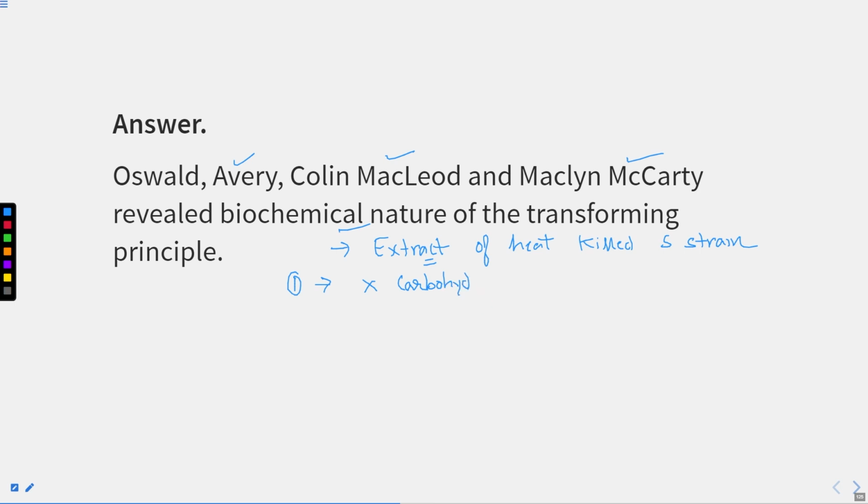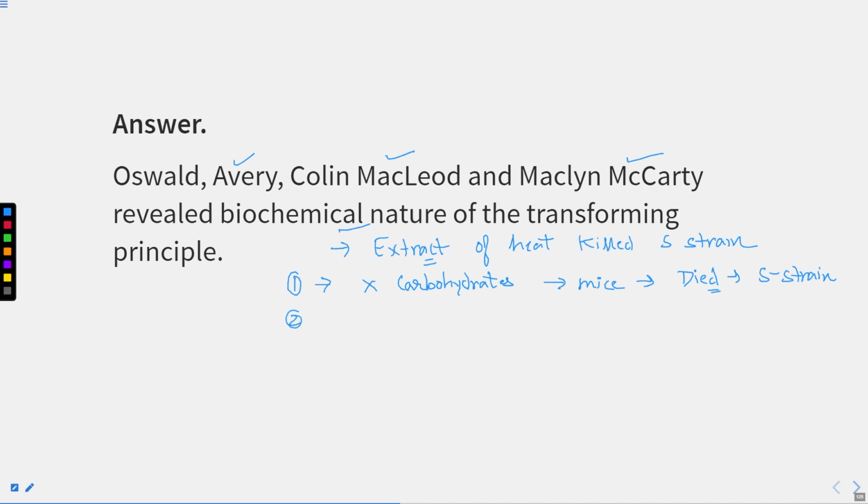So you can use amylase to get rid of carbohydrates. And then they injected that extract in mice along with the R-strain. And in this case, what was observed? The mice died. And what was obtained from this dead mice? Living S strain bacteria were recovered.